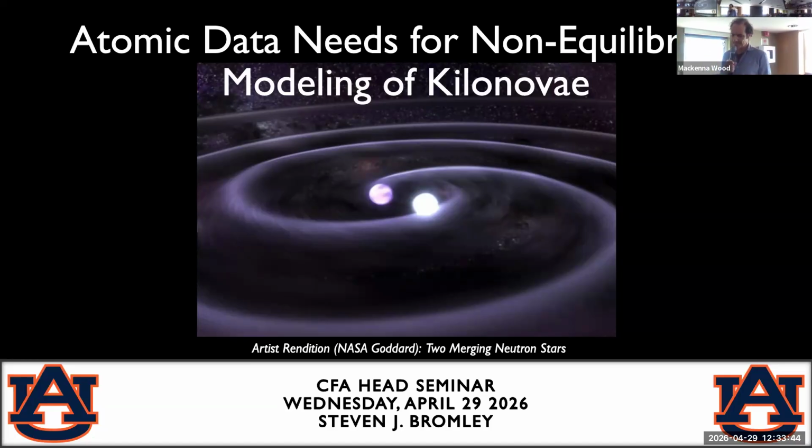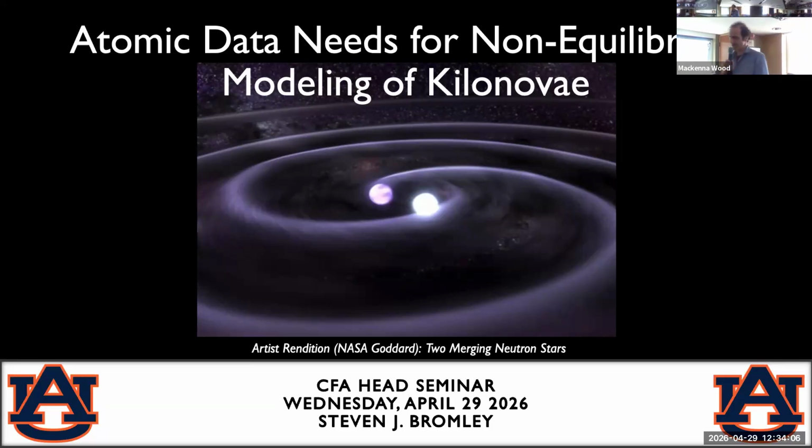Stephen graduated with his PhD in atomic physics from Clemson University in 2020, and then from 2020 to 2023, he undertook a postdoc position at Auburn University, where he worked on producing atomic data and developing spectral models for both laboratory and astrophysical plasmas.